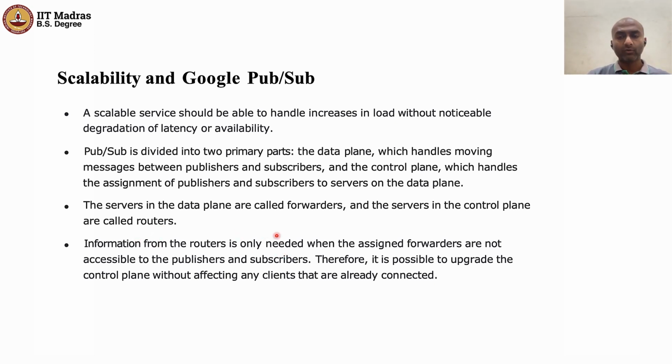Information from the routers is only needed when the assigned forwarders are not accessible to the publishers, meaning the data plane can operate completely independently, but if for some reason the subscription is down or the subscriber is down and comes back up again, that's when they can come to the control plane and say, give me the latest status. Give me the last message that was consumed so that I can consume the next message, right? So that allows you to independently scale the control plane and the data plane without having to affect each other.